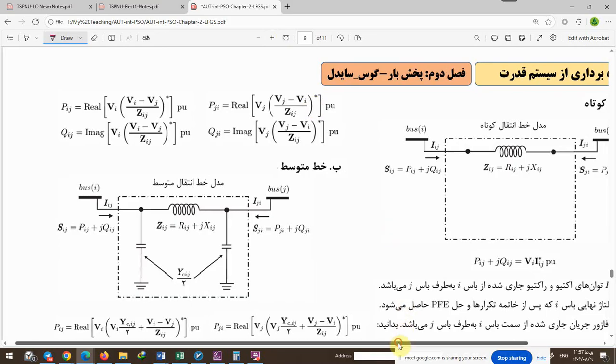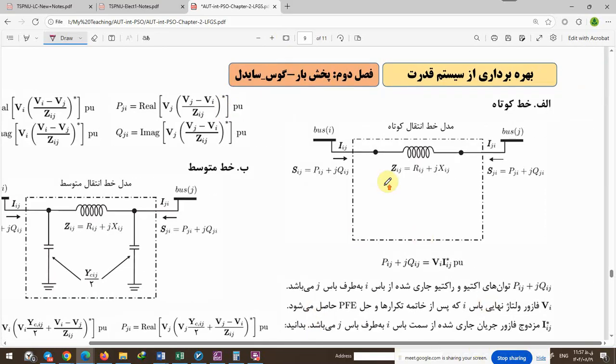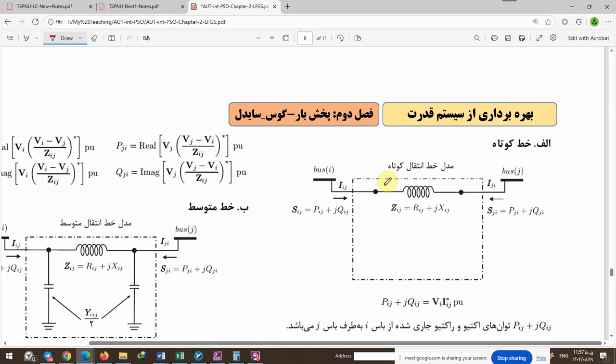As you know, the result of the load flow equation is voltage. In the load flow equation, after many iterations, you can find the final voltage of each bus.